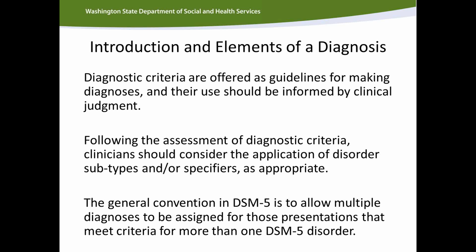And the general convention in DSM-V is to allow for multiple diagnoses to be assigned for those presentations that meet criteria for more than one DSM disorder. So co-occurring disorders is an example where someone could have both a substance use disorder and another mental health disorder that can be existing at the same time.